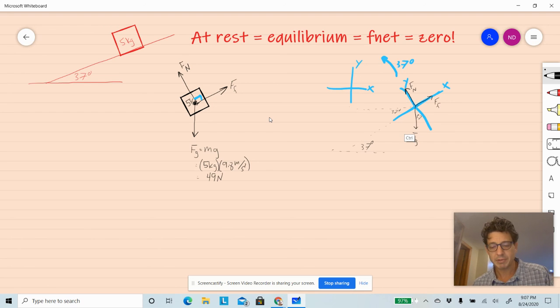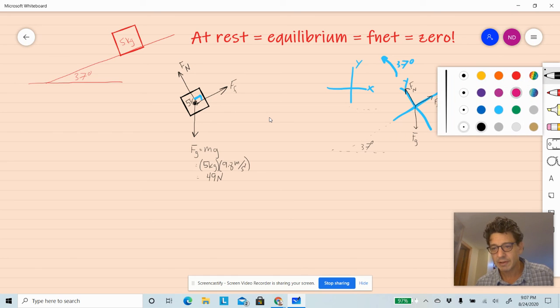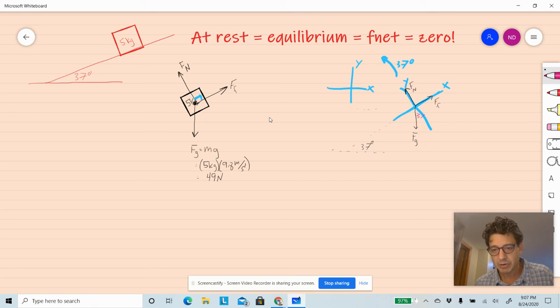So hold on and clean that picture up a little bit. Whatever angle this is, that angle is 37 degrees. Very, very important. That is key.